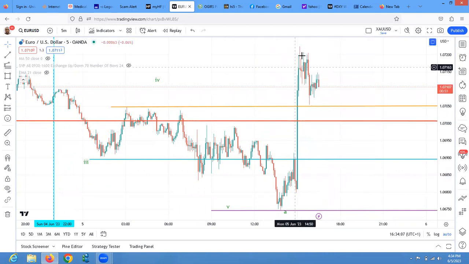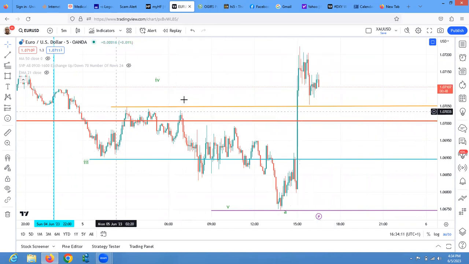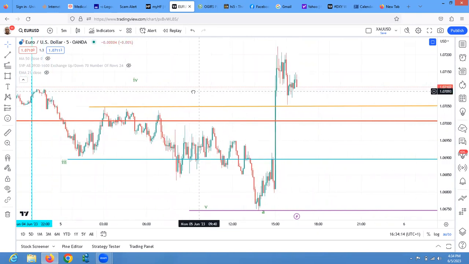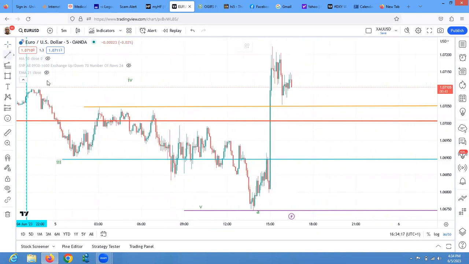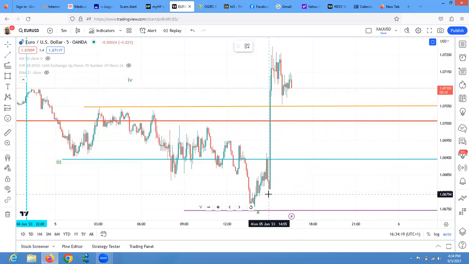But if this is the end of that zigzag, let me do something for us, because at the end of the day, it might just be a 3-wave pattern and not 5 waves.